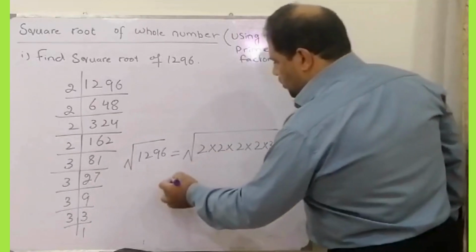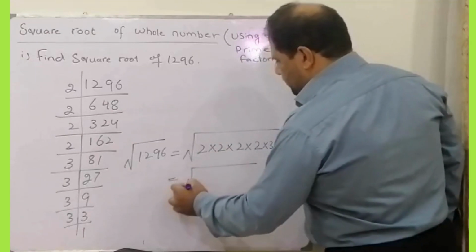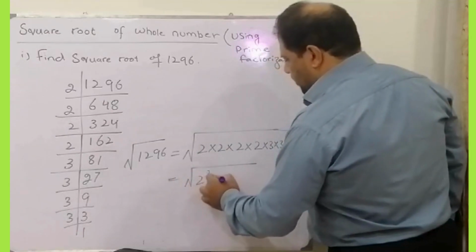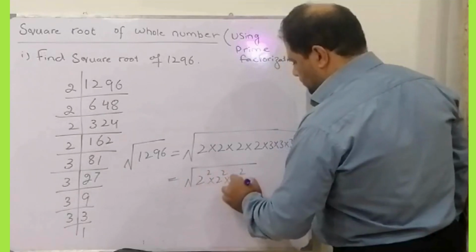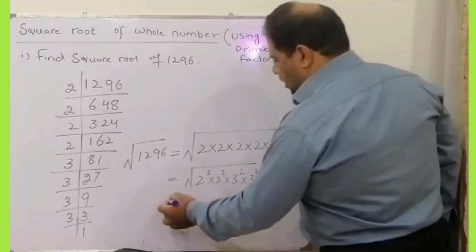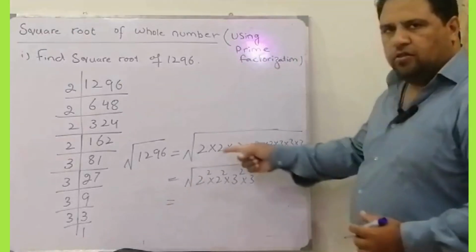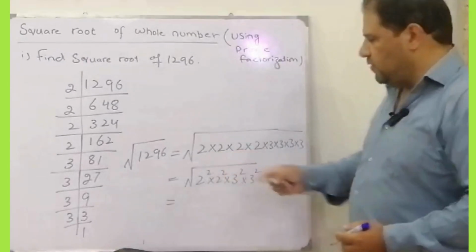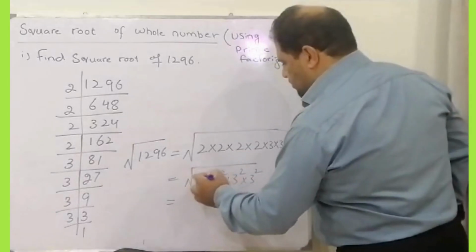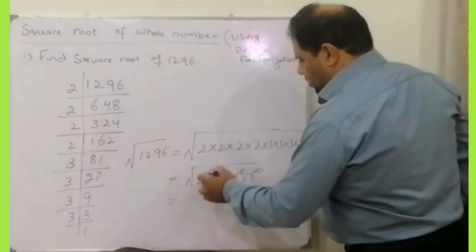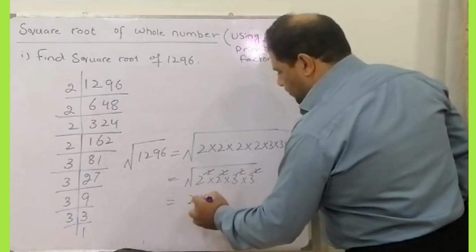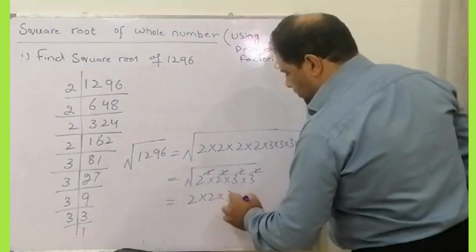As we are finding the square root, we will make pairs of the numbers. Now this square root sign is on all the values, so it will cancel all the squares, and we will be left with these 4 numbers.